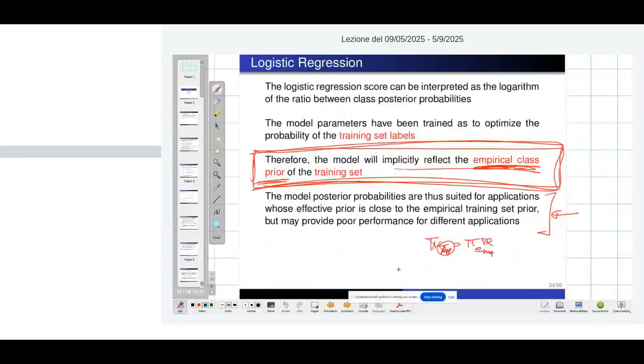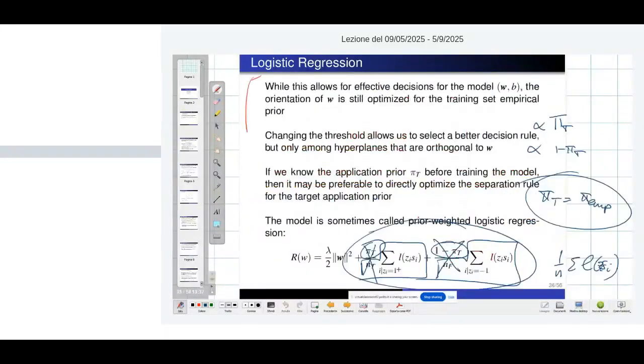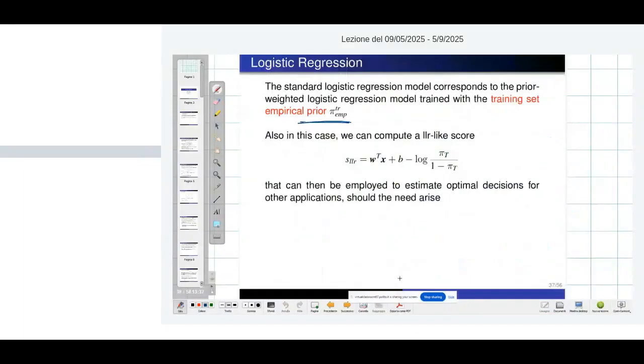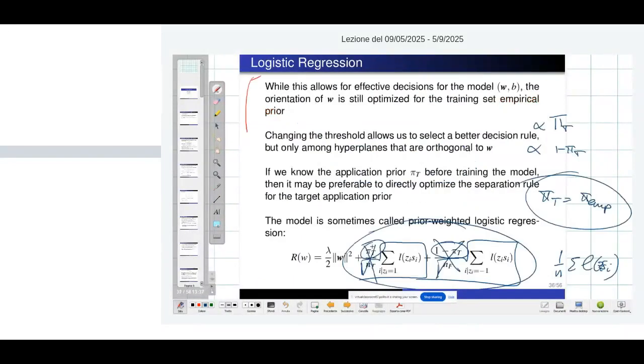Of course, in this case, when we train this model, our score will be a score that embeds the application prior. Again, if we want something that behaves like a log-likelihood ratio, we need this time to remove the prior log odds, but this time they are the prior log odds that were used for training the model.